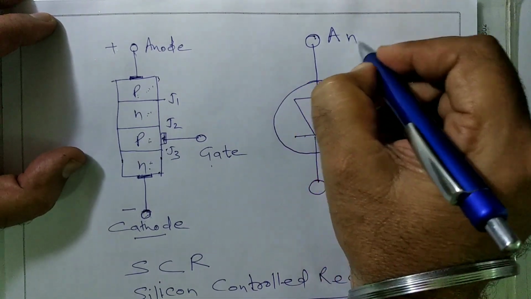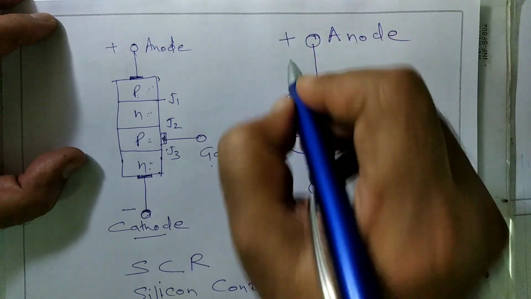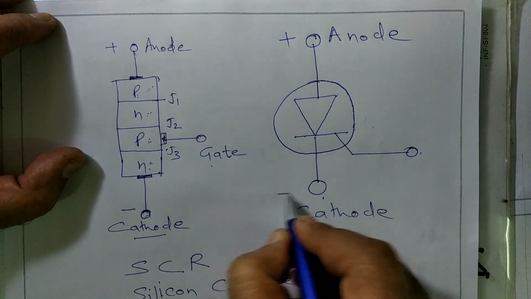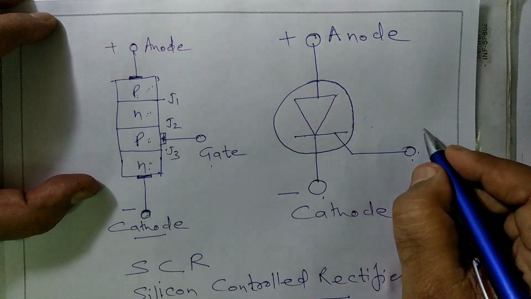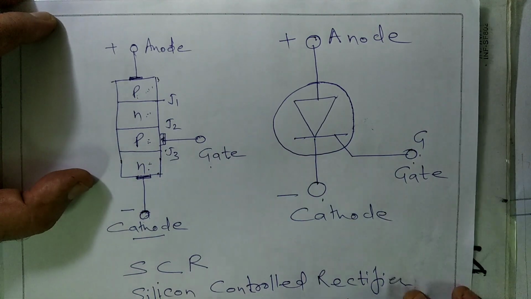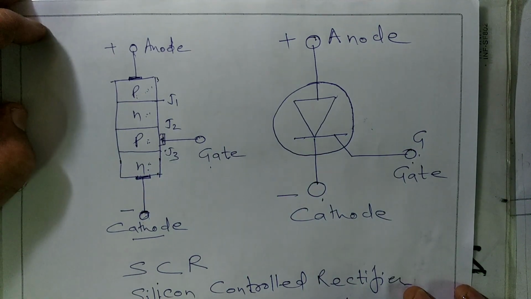This is anode or positive terminal. This is cathode or negative terminal, and this is gate. So this is the symbol of SCR.